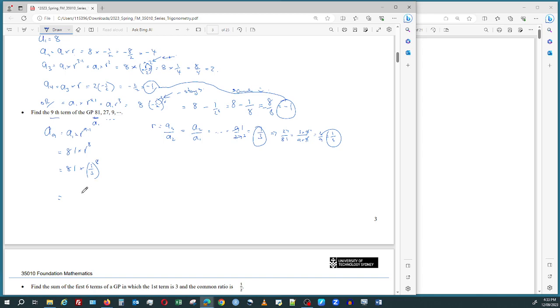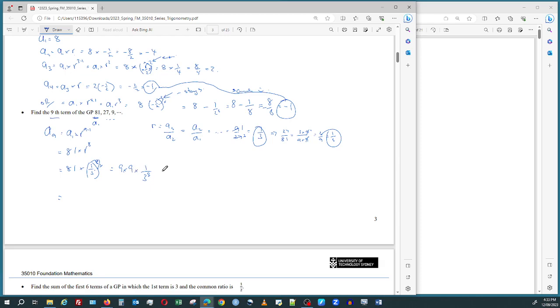Now 1 to the power 8 is 1, and 3 to the power 8, so it's 1 over 3 to the 8.